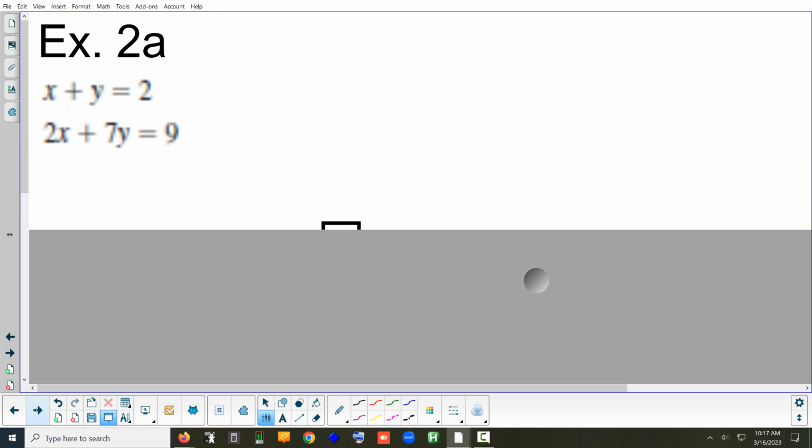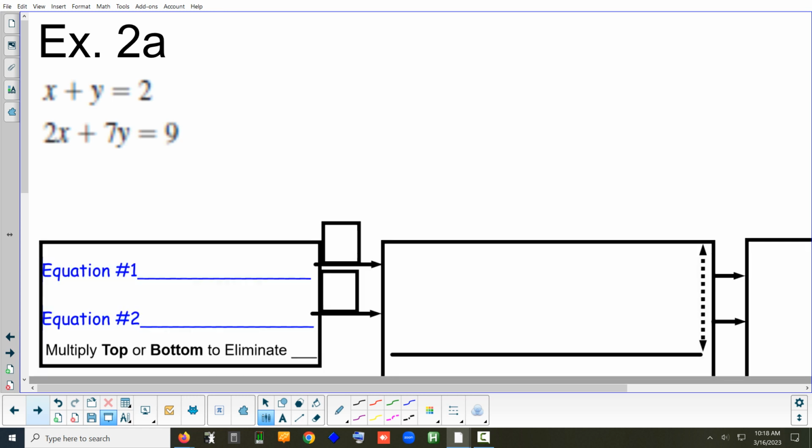Do we have an equation that has one variable by itself with no number next to it? Yeah. Which equation? The top one. In fact, we have 2 variables that don't have any numbers next to them. So we're going to pick. Finn, what variable do you want to try to eliminate? The x. Okay.